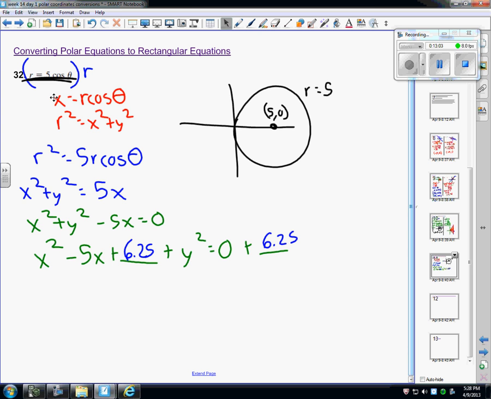I think I made a mistake somewhere, and we will find out where it is. X minus 2.5 squared plus y squared equals 6.25. Let's see. What am I doing?